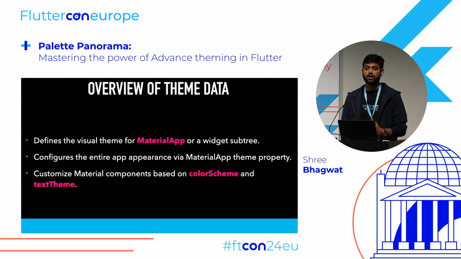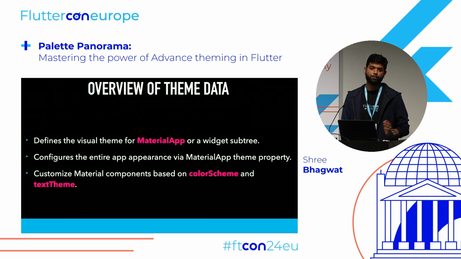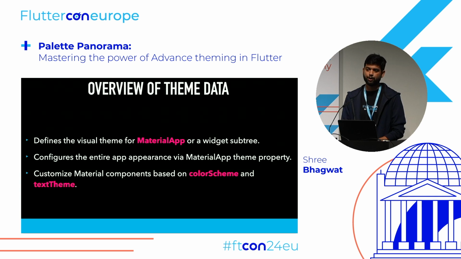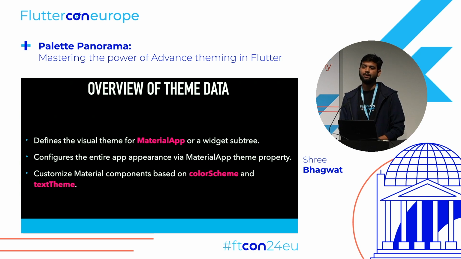So you can use a color scheme or text theme to customize your material components, which you will be using throughout your application, so that it looks better and it follows one proper scheme, or let's say a proper style throughout the application. So when you're switching screens, or moving from one part of the app to the other part of the app, it doesn't feel like there is something new or something weird happening.